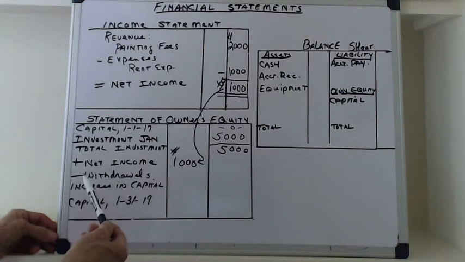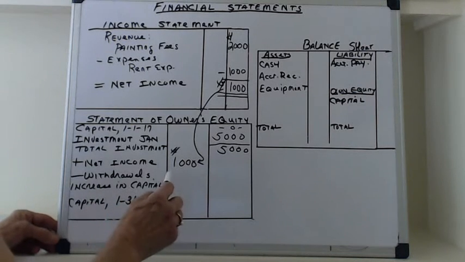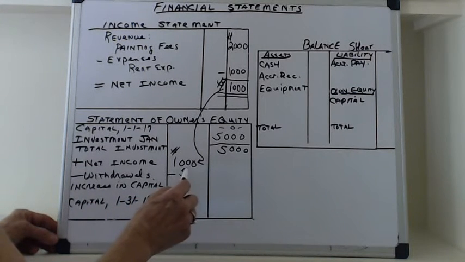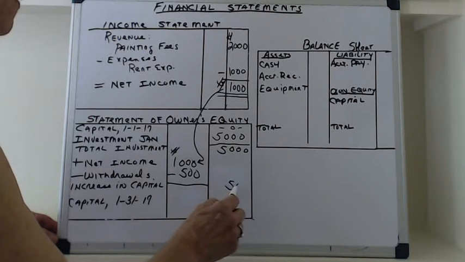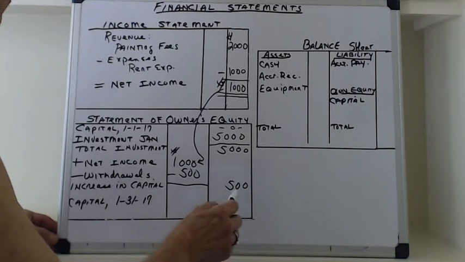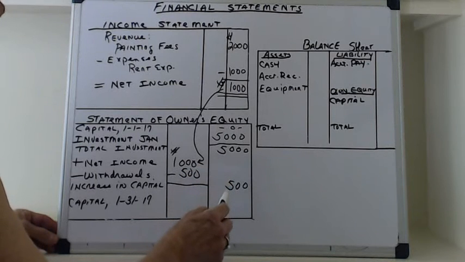Now, he withdrew some money. Remember at the end of the month, in the transactions, he withdrew $500. So I'm going to say minus $500 that he withdrew for himself. So 500 from 1,000 leaves 500 that he's leaving in his business. So I'm bringing that 500 over to the 5,000.